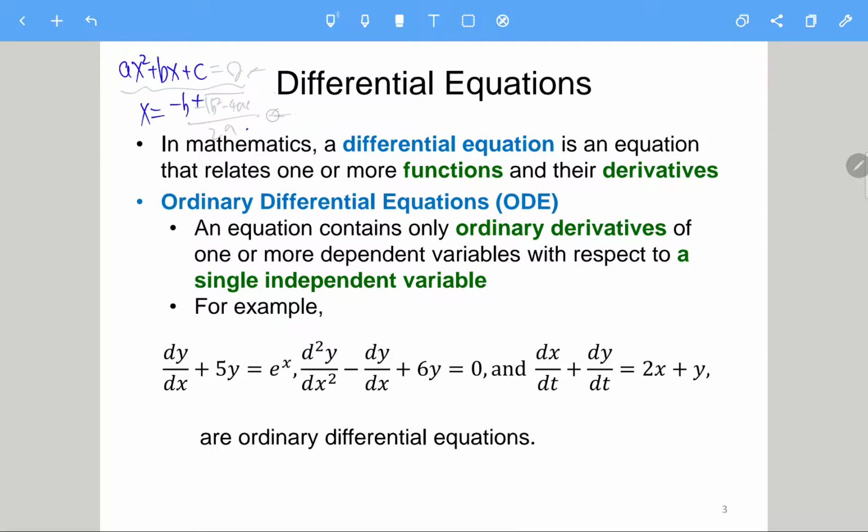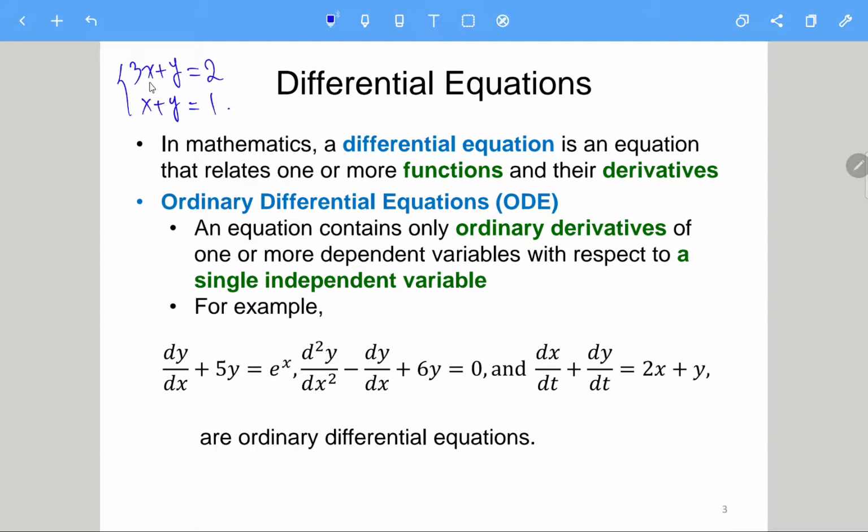And also you may be able to solve algebraic equations like 3x plus y equals 2 and x plus y equals 1. Then you can subtract equation 2 from equation 1, and you will eliminate y, and then you can solve x, put the x value back, and get y.